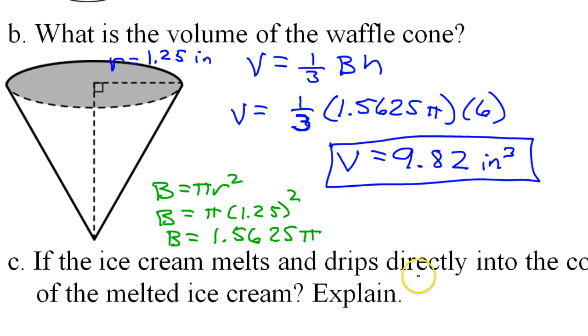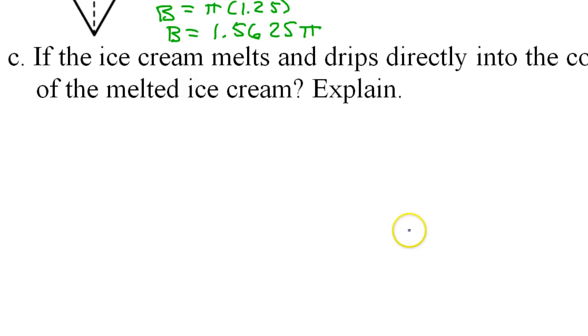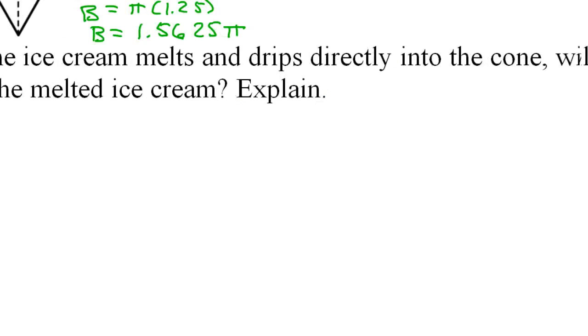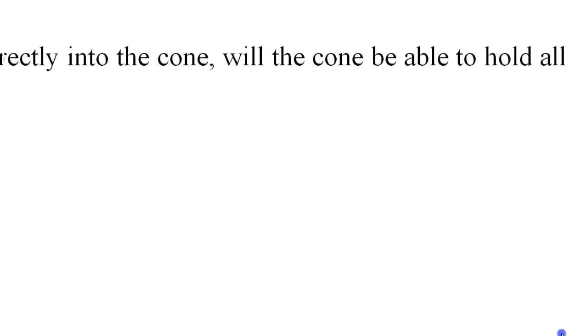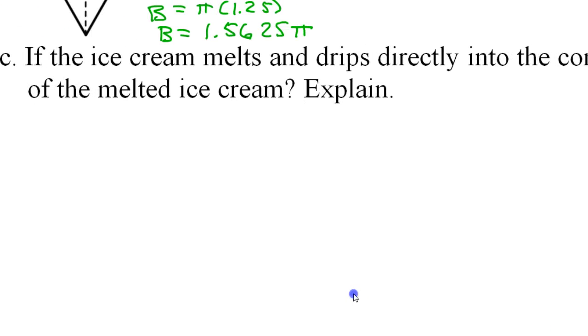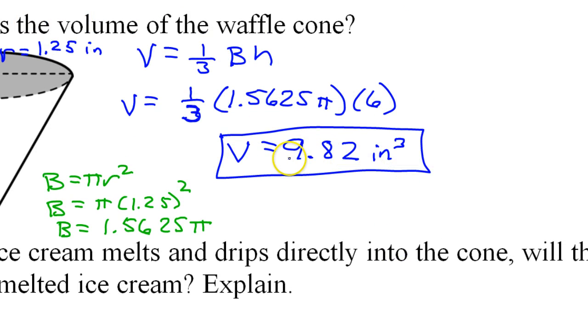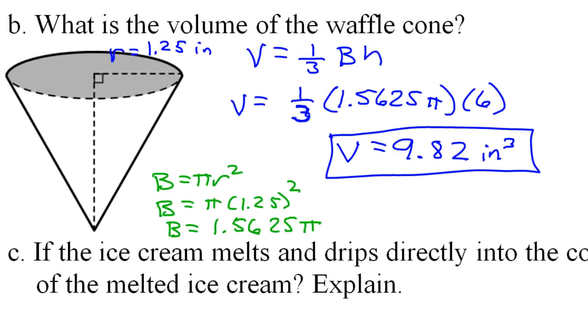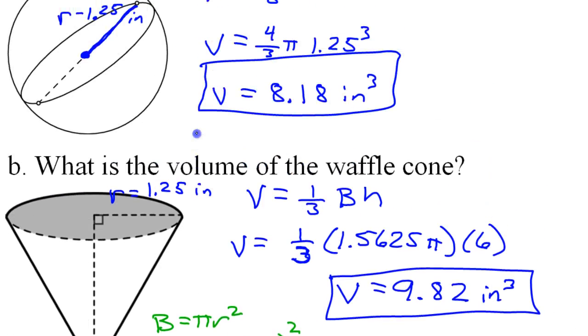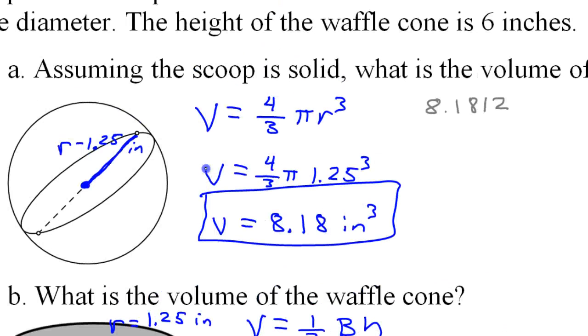Now for part C, if the ice cream melts and drips directly into the cone, will the cone be able to hold all of the melted ice cream? Explain. Well, the volume of the cone is 9.82, like we just saw, and the volume of the ice cream ball was 8.18.